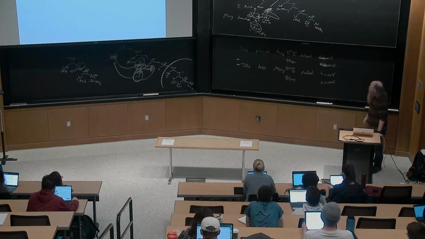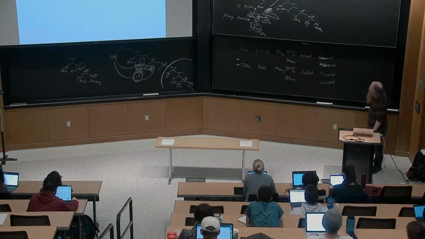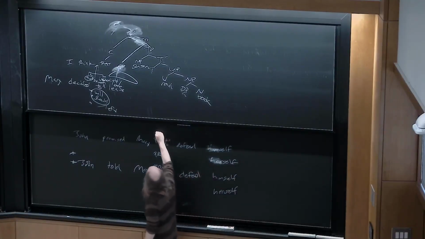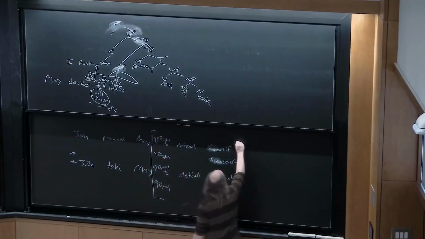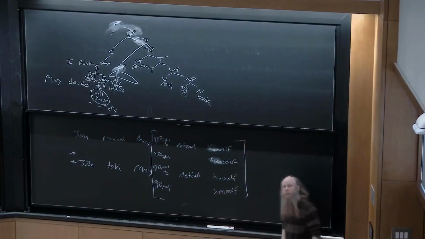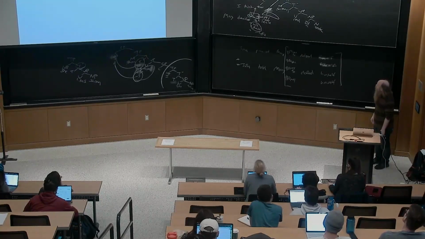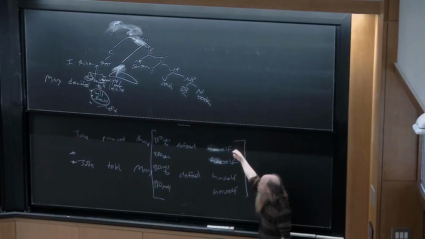So let me do this the easy way first. If there is such a thing as pro, we ask ourselves, these anaphors need to get bound within the smallest TP that contains the anaphor. And the smallest TP that contains the anaphor is going to be this. And so when we ask ourselves, is the anaphor bound by a noun phrase that's close enough to it?